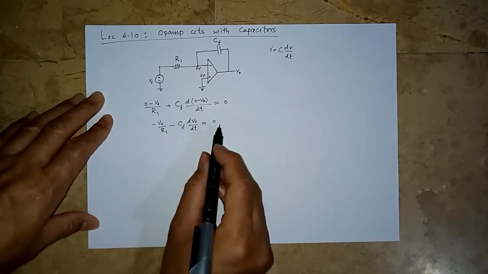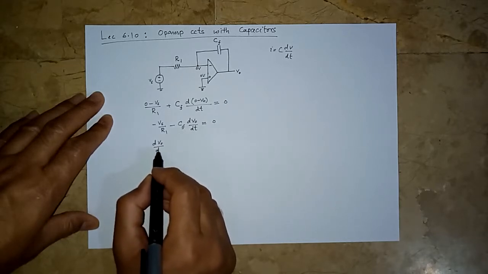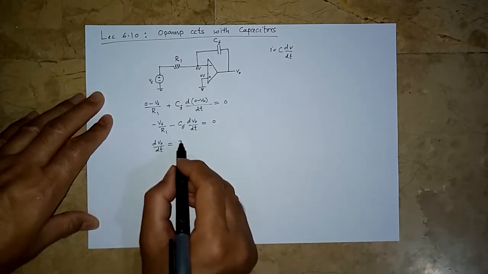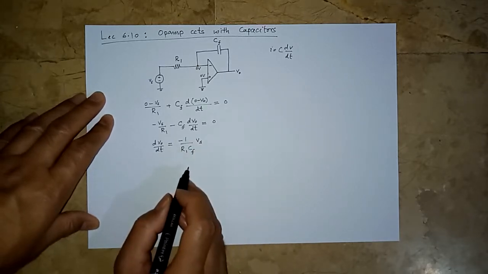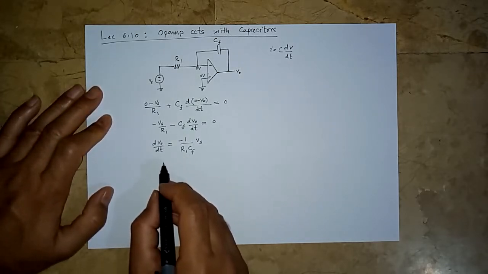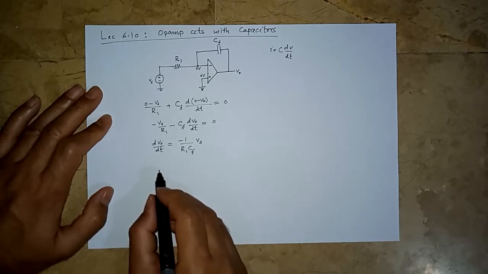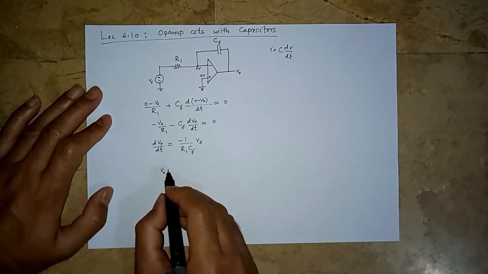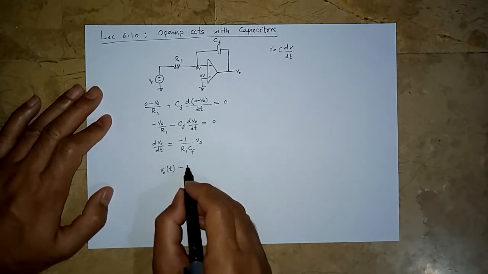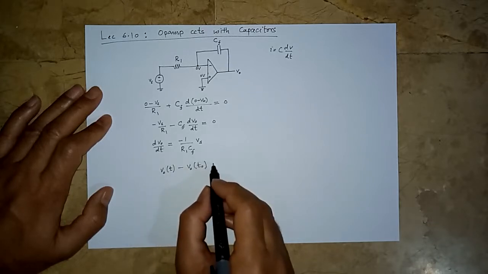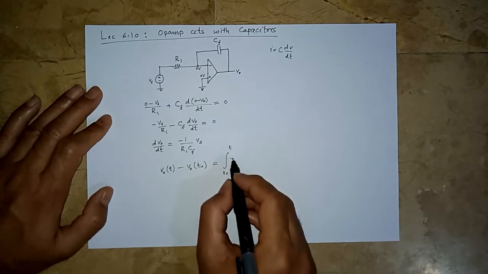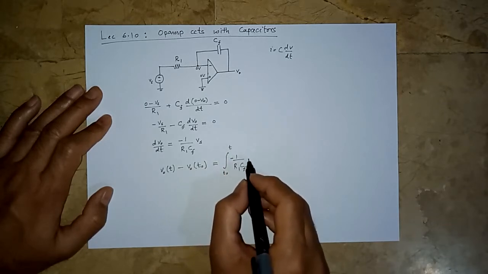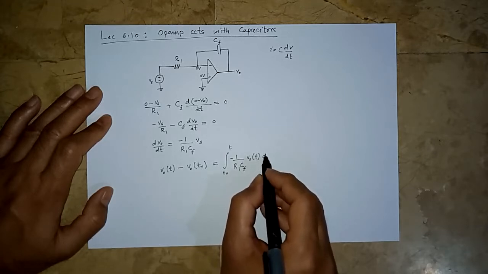So if we take this on the other side and keep dv naught by dt here, we are going to get minus 1 over R1 Cf Vs. And if we integrate both sides with respect to time, we are going to get v naught at t minus v naught at some initial time t naught is equal to an integral from t naught to t of minus 1 over R1 Cf Vs. So let us say this Vs is a function of time as well, dt.